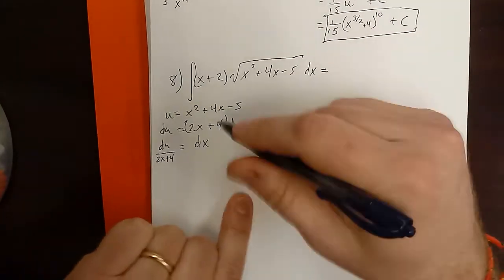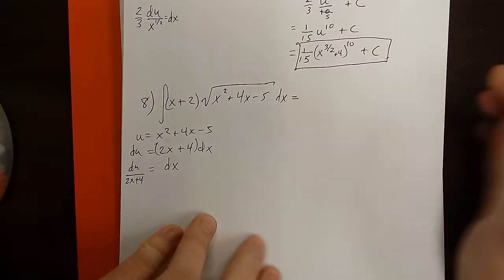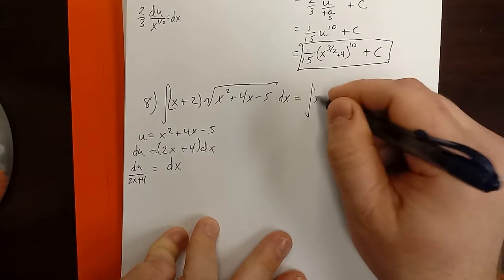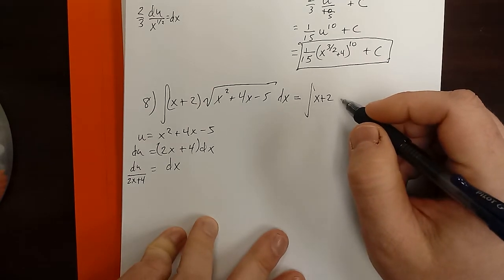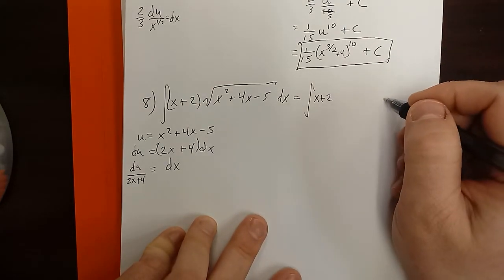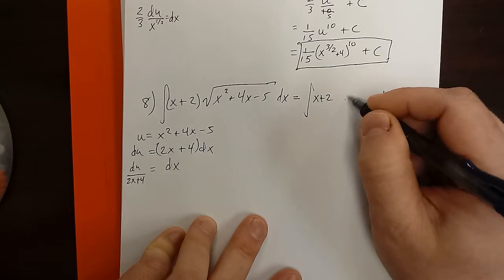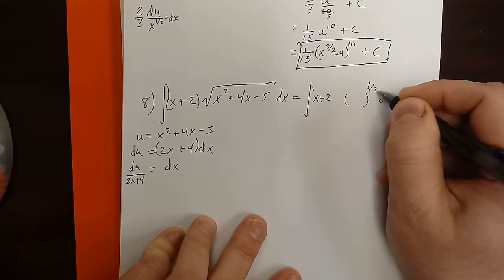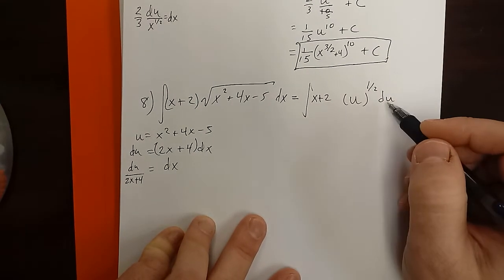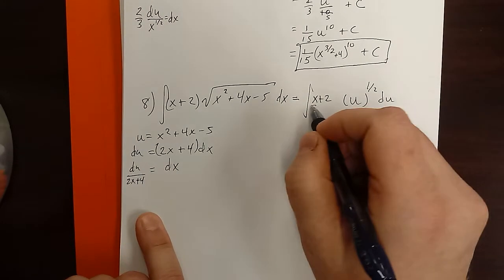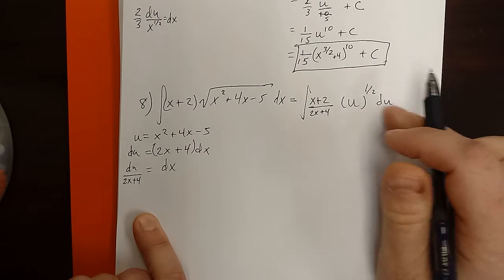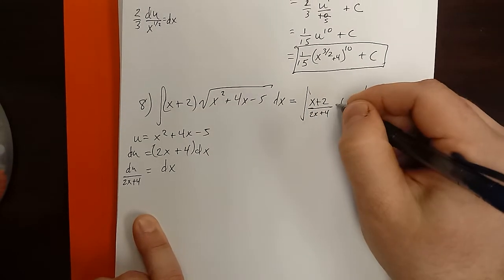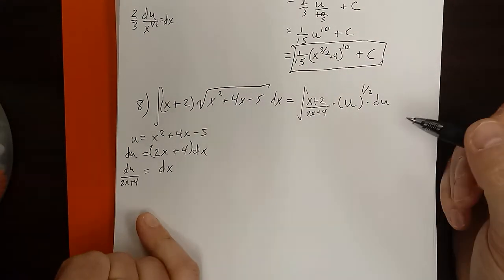So now when I do my replacement, I've got this x plus 2. Maybe you want to even write it a little bit differently. Maybe you want to throw the du over here, write the square root of u, which I'm going to rewrite as the 1/2 exponent. And then maybe we put the bottom over here, this 2x plus 4. You know, it's all being multiplied, so we're allowed to kind of rearrange.